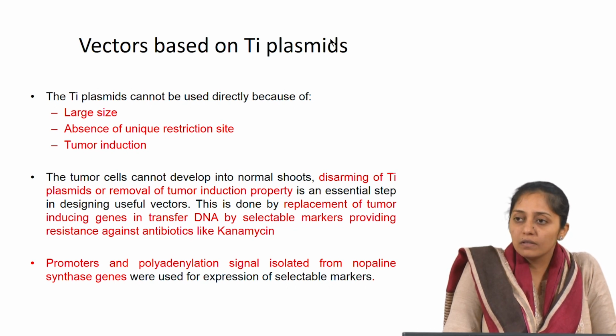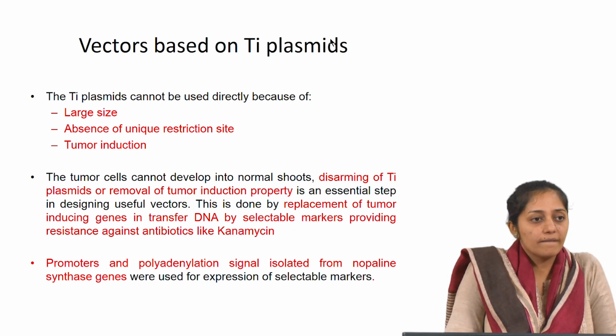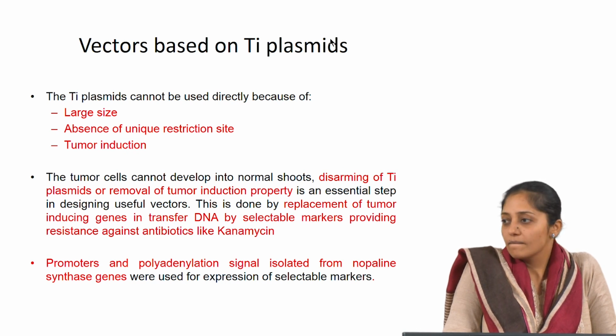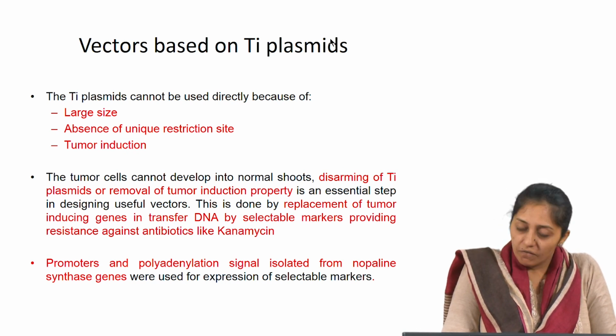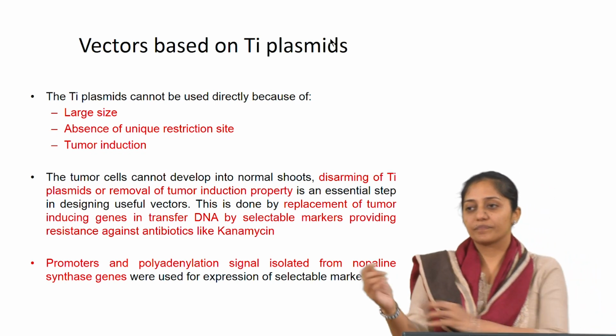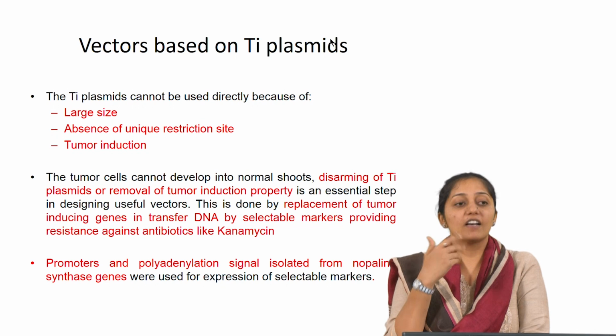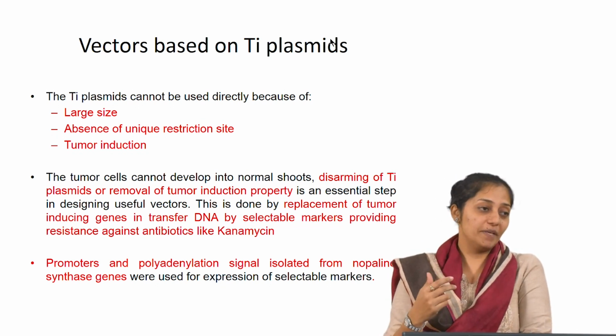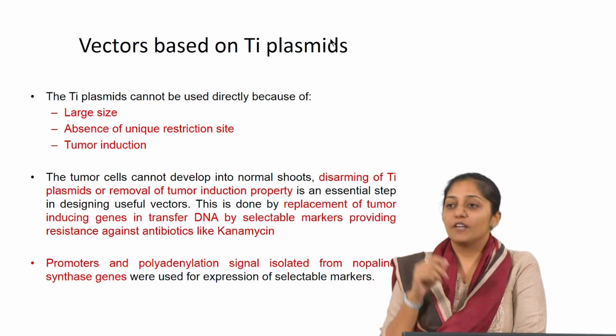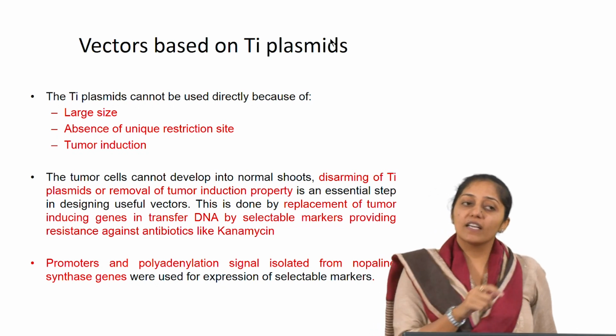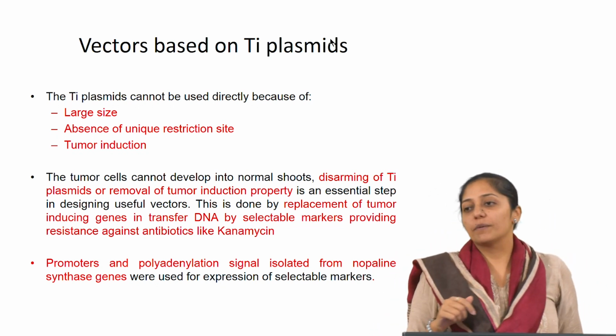Is this useful or not? Yes, it's useful. Why? Because they grow very fast. They will not need hormones in the medium. Generally, this is what is observed. This is how oncogenic genes are exploited for secondary metabolite production.